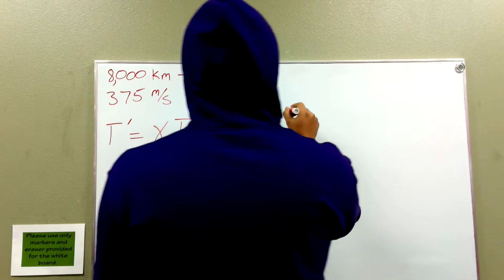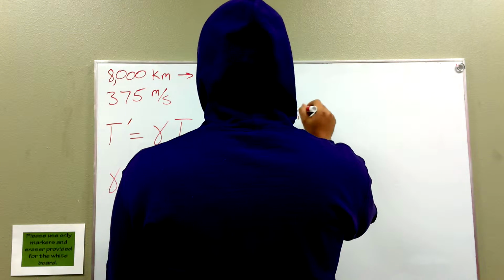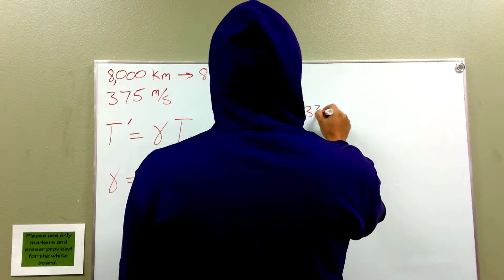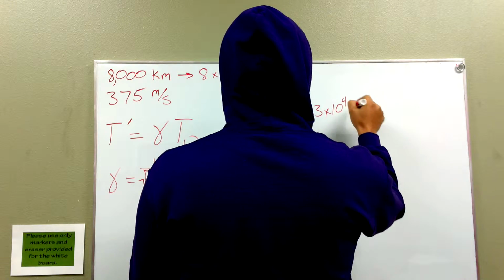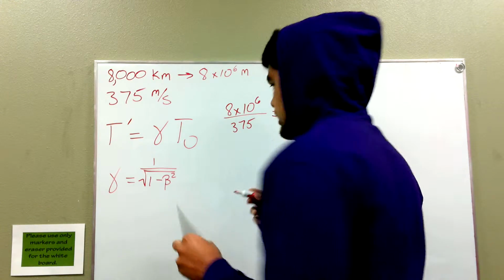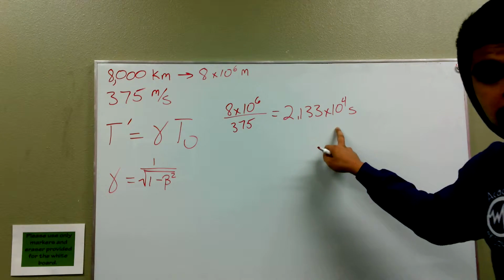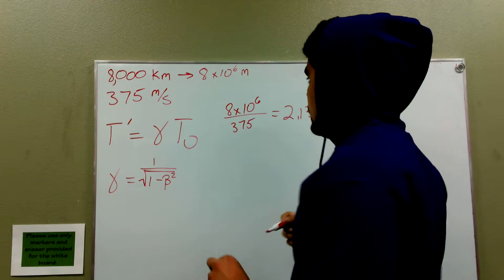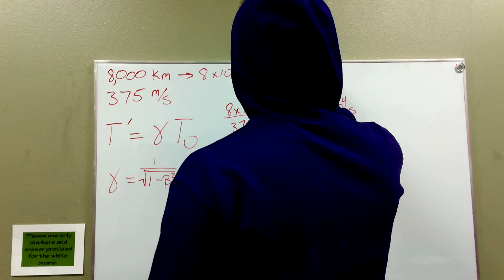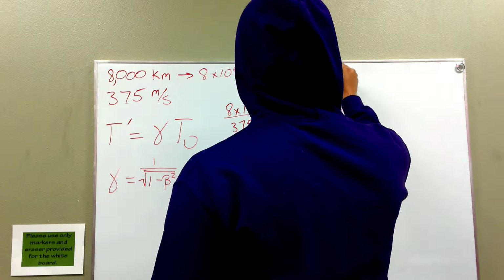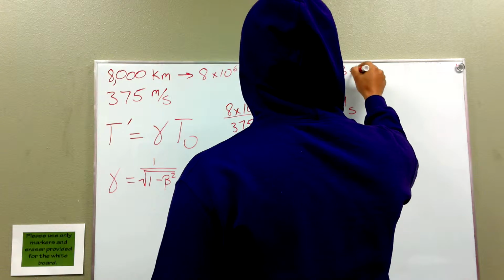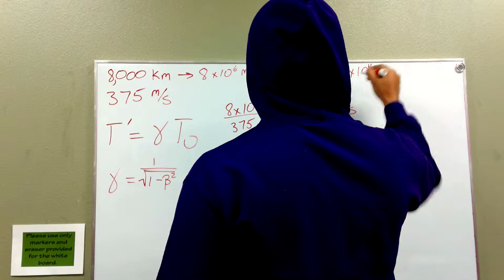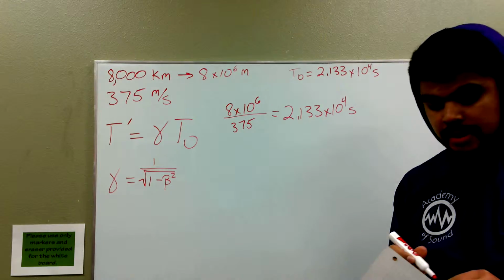And when you do that math, you come out with 2.133 times 10 to the 4th seconds. So here we have our T naught in this equation. So I'll write that up on top of the board here, just so we have that. So T naught is equal to 2.133 times 10 to the 4th seconds. So we have that out of the way.